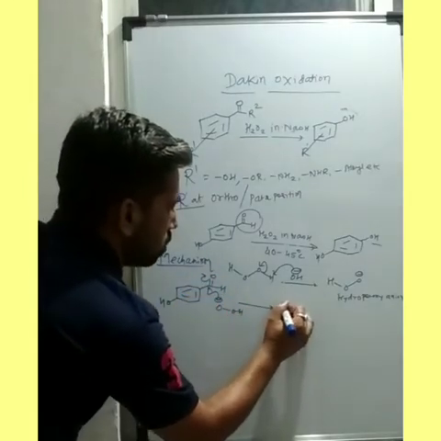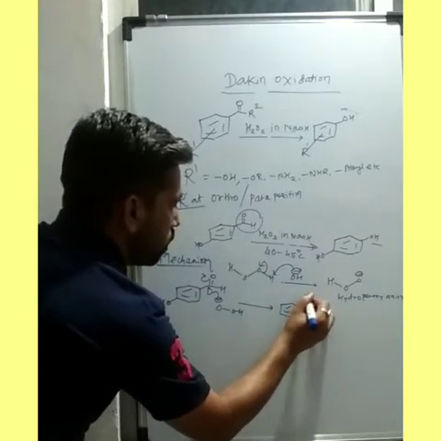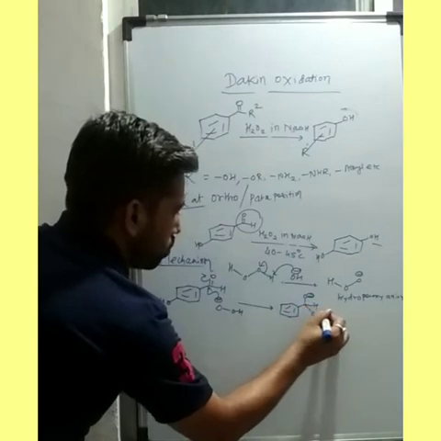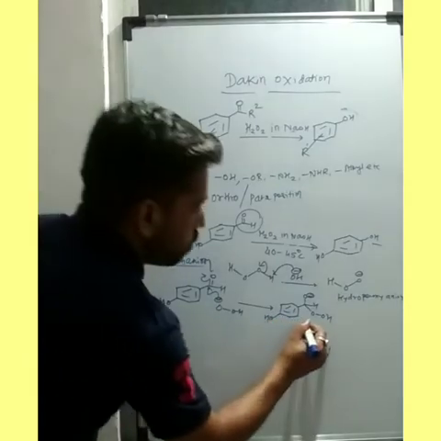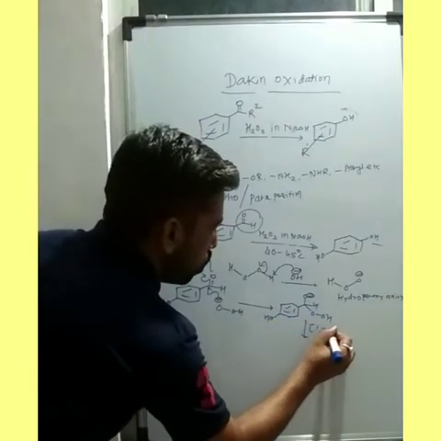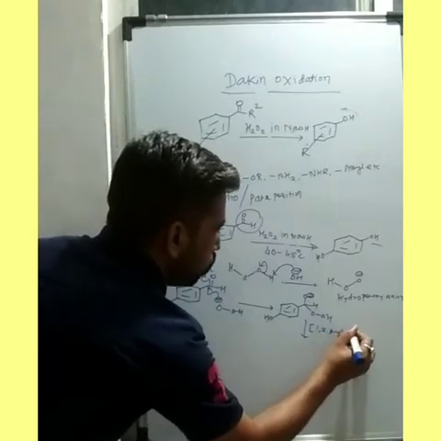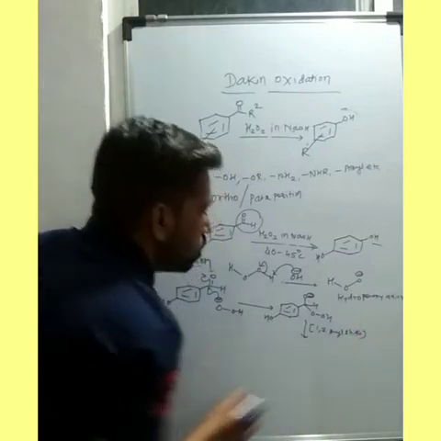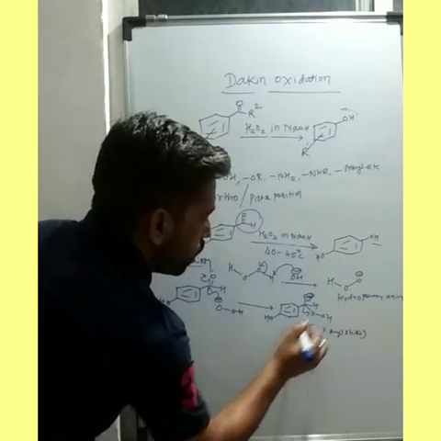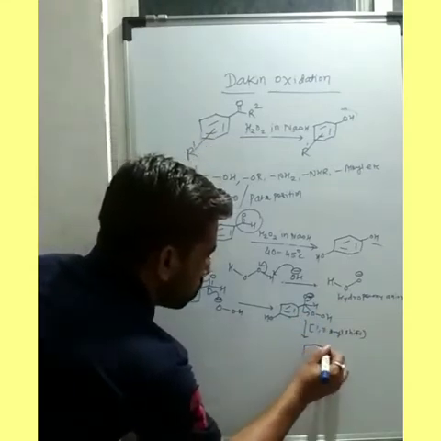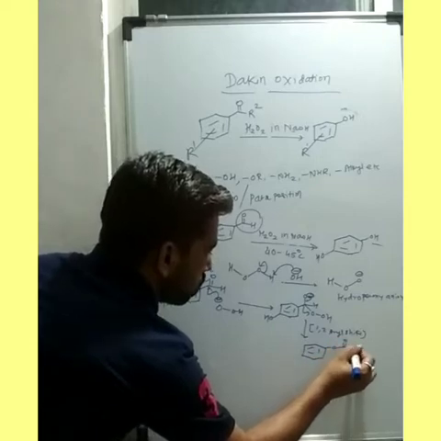We get the first tetrahedral intermediate. Now in the next step there is a 1,2 aryl migration, or we simply say 1,2 aryl shift. After the 1,2 aryl shift, we get the next intermediate.